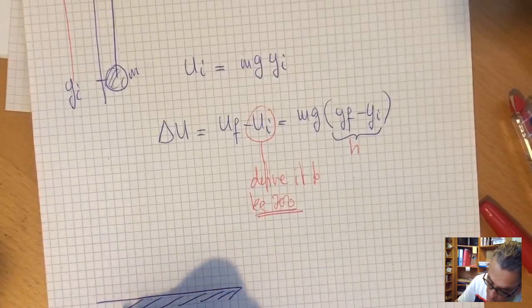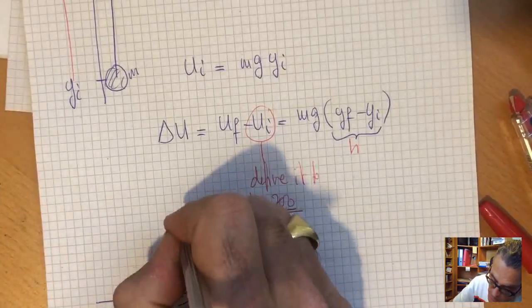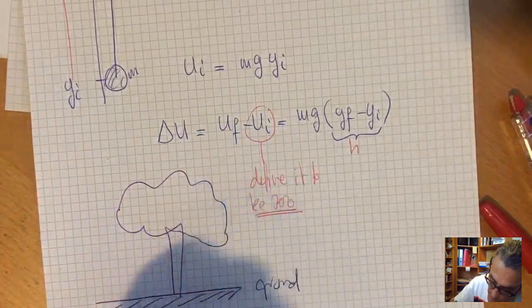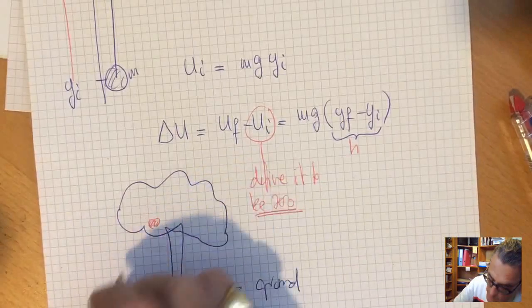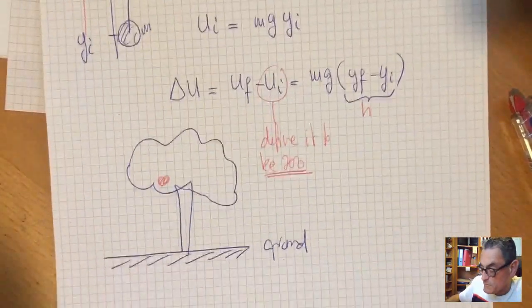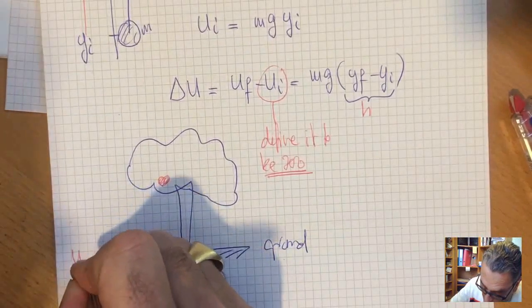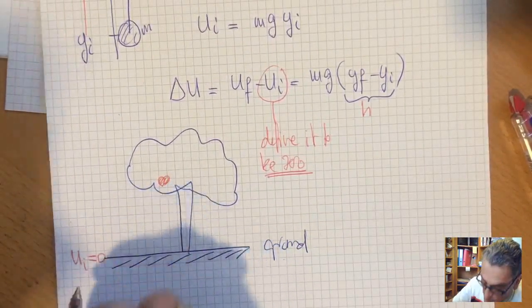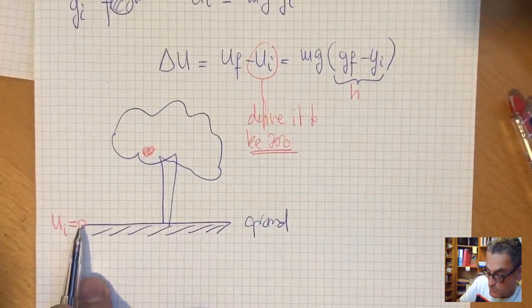Let's imagine here you have the ground, and here you have an apple tree, and on the tree you have an apple. What you do in this kind of case is that at the level of the ground you say that the initial potential energy is 0.